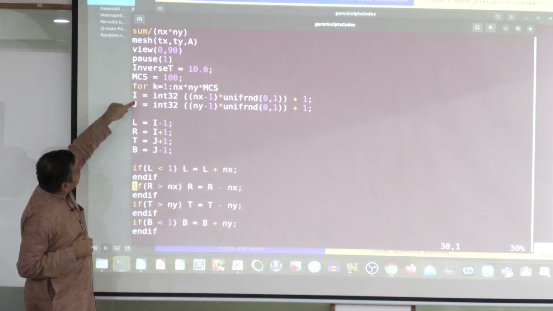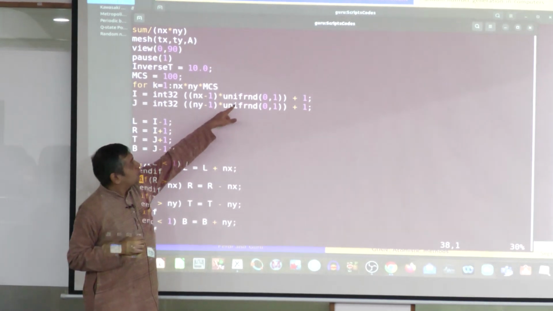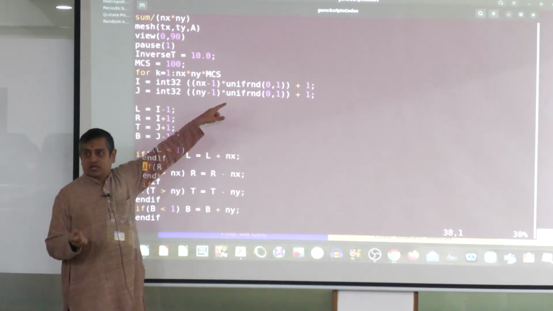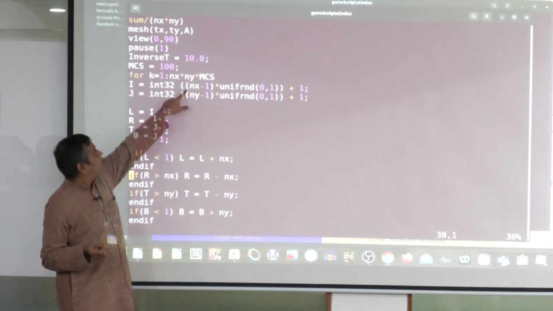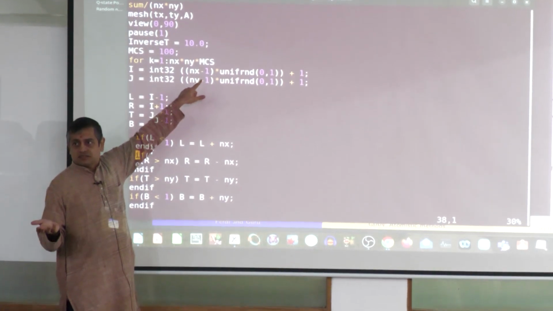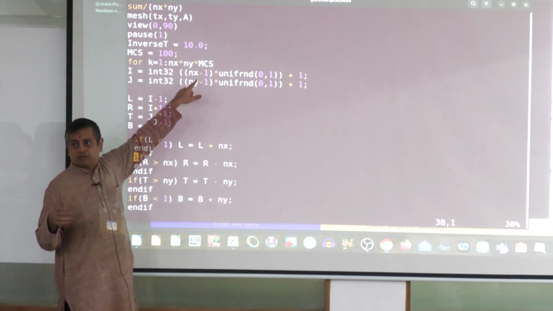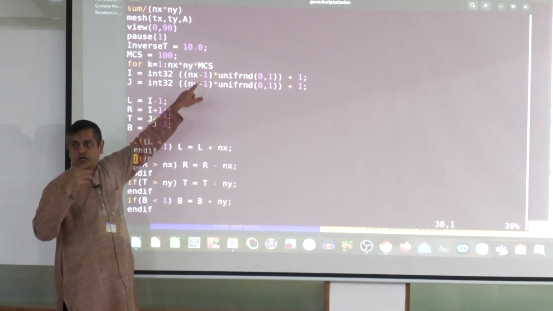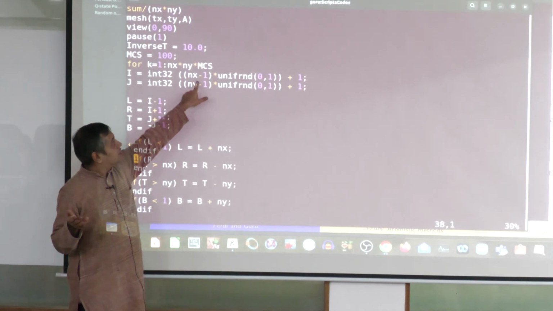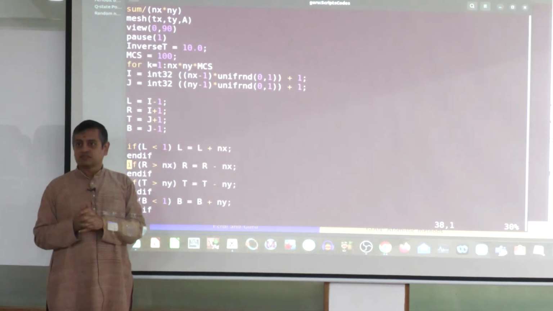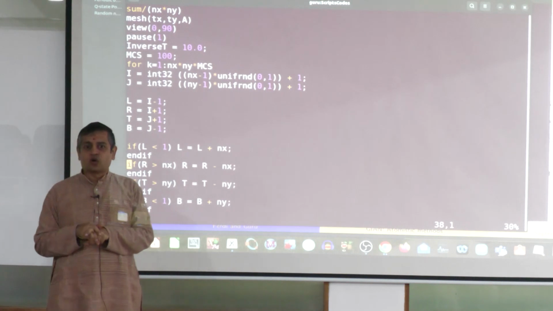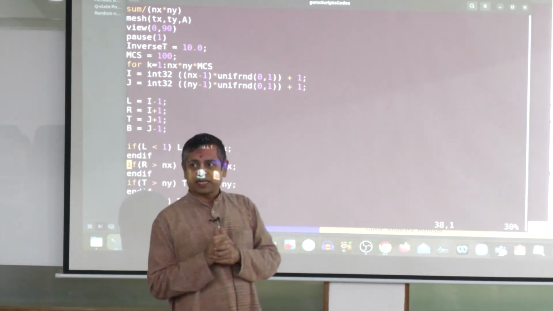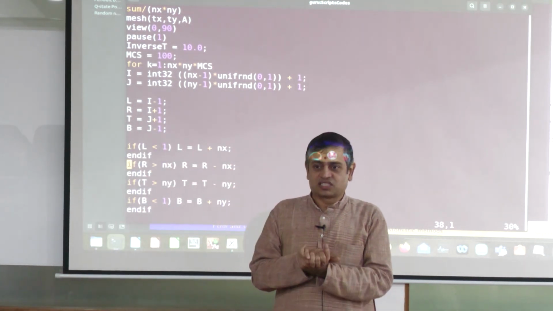Now, what do these two lines do? Generate a uniform random number between 0 and 1, multiply by nx minus 1, where nx is the number of lattice points along the x axis. So, 64, so 63, and add 1. And I am casting it to an integer.